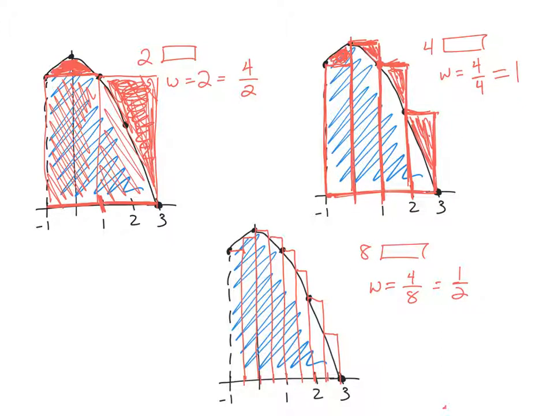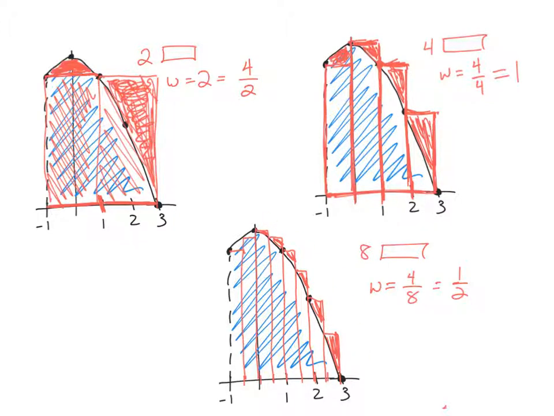One thing you can see is that the amount of overestimation that we're getting now is much less than what we had in the previous two examples. The amount of overestimation here in this first example is really large. The amount of overestimation here in the second example is getting smaller, and the amount of overestimation here is becoming much, much less.